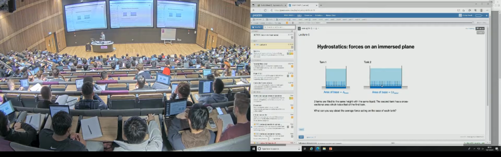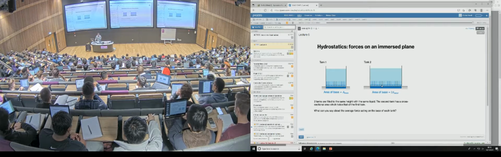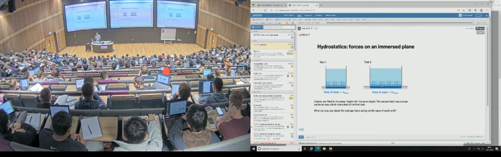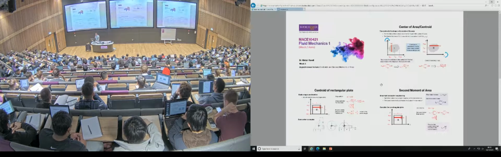Okay, so this is our first attempt at introducing or computing a force on a submerged surface. And we're going to go through this in a bit more detail here.